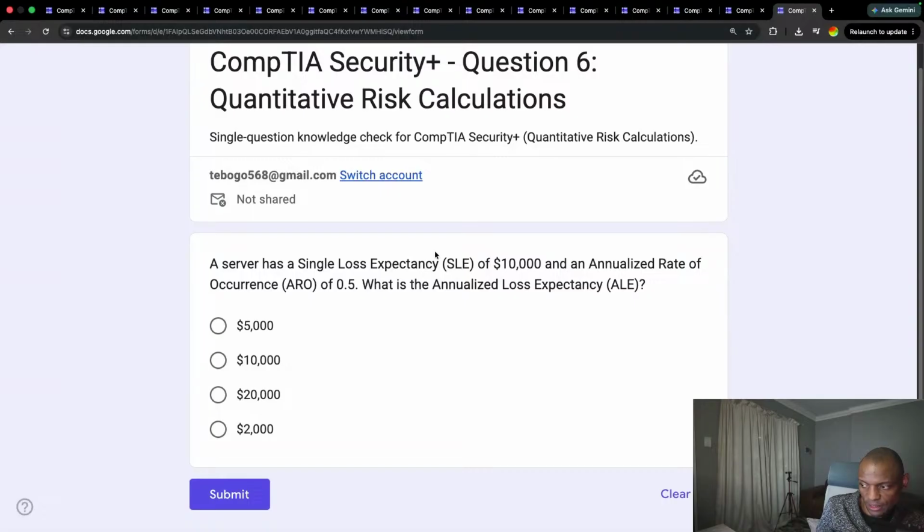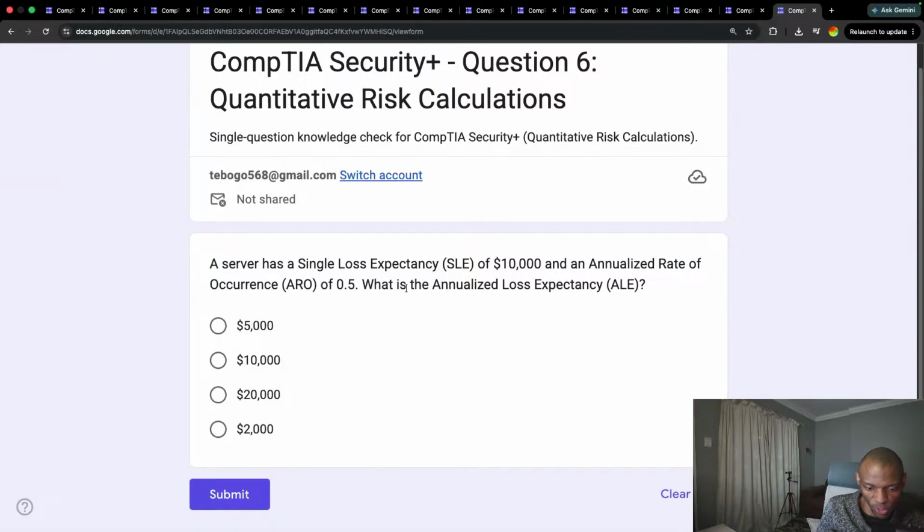Okay, this one needs a calculator. So during the CompTIA Security Plus, you may be asked a question like this, and this kind of question will require you to use the on-screen calculator. During the CompTIA Security Plus exam, you will have access to an on-screen calculator to be able to answer a question like this.